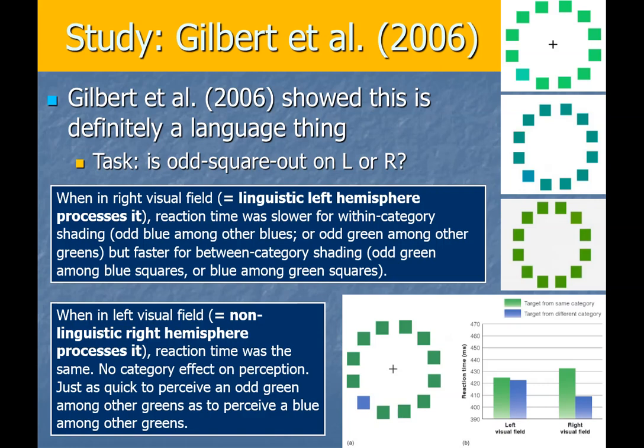And it turns out that in this case, that difference really depends on whether it's going to the language part of the brain. So lateralization of the brain is, I guess you'd say, a moderating variable here for the extent to which our perception is affected by language. Maybe in one half of our visual field it's not as affected, and in the other half it's rather more affected.